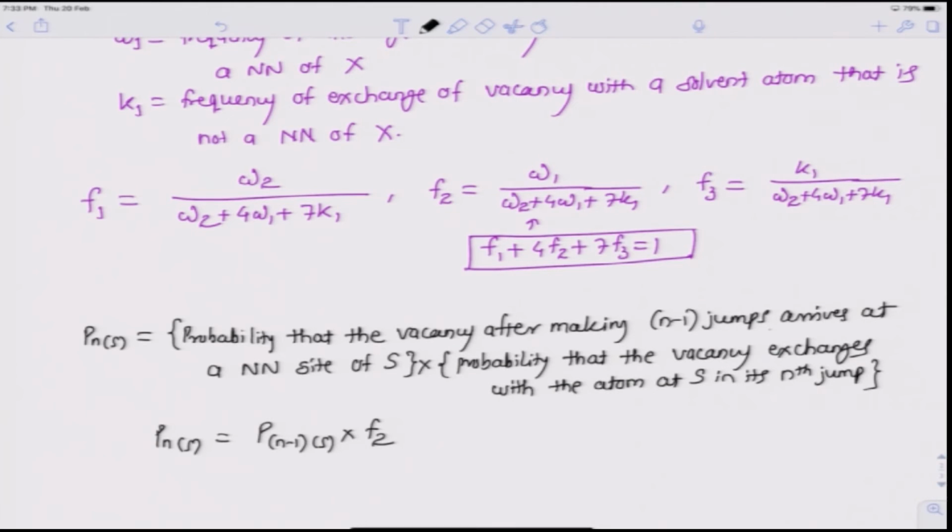So, P n minus 1 S is the probability that the vacancy after making n minus 1 jumps arrives at a site S.